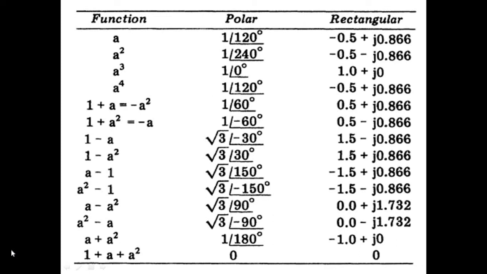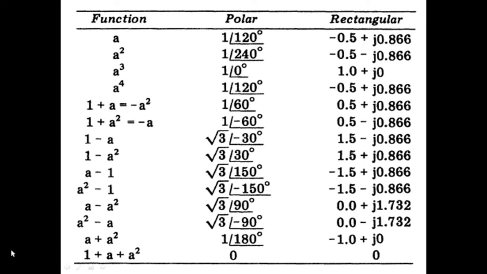Then 1 minus a squared is equal to root 3 angle 30 degrees, 1.5 plus j 0.866. a minus 1: root 3 angle 150, minus 1.5 plus j 0.866. a squared minus 1: root 3 angle minus 150, minus 1.5 minus j 0.866. a minus a squared: root 3 angle 90 degrees, 0.0 plus j 1.732.